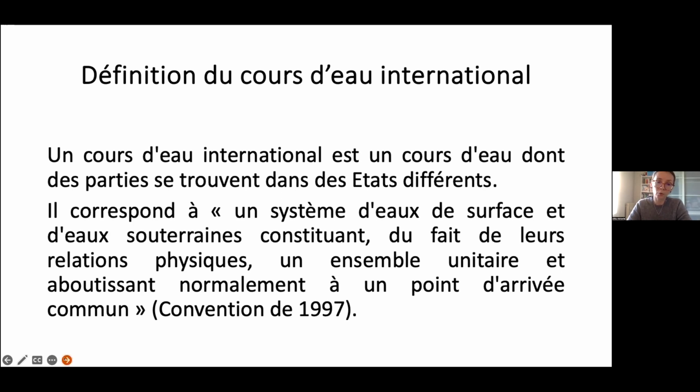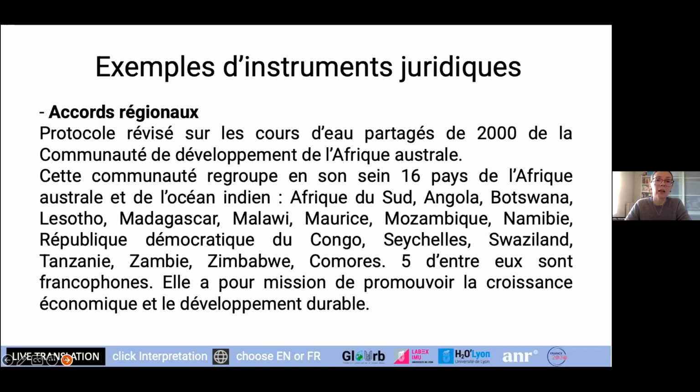So the convention of 1997 is a little bit more comprehensive. It has an ecosystem-based approach when it comes to protection and use and sharing of international waters.